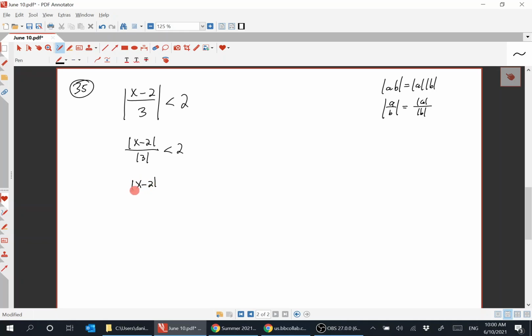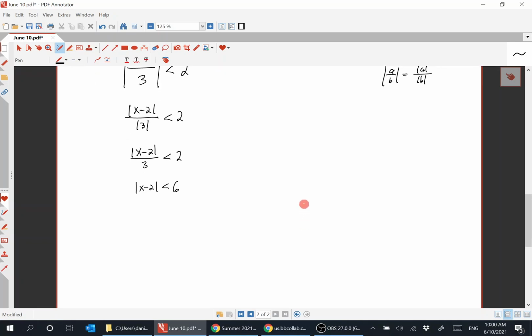So this is the absolute value of x minus 2, over 3, is less than 2. Multiply both sides of the inequality by 3. So the absolute value of x minus 2 is less than 6. Since 3 was a positive number, we didn't have to flip the inequality sign around. Okay. Here we have absolute value less than 6. So this is the situation in which you write it as one inline inequality like that, rather than two simultaneous linear inequalities.